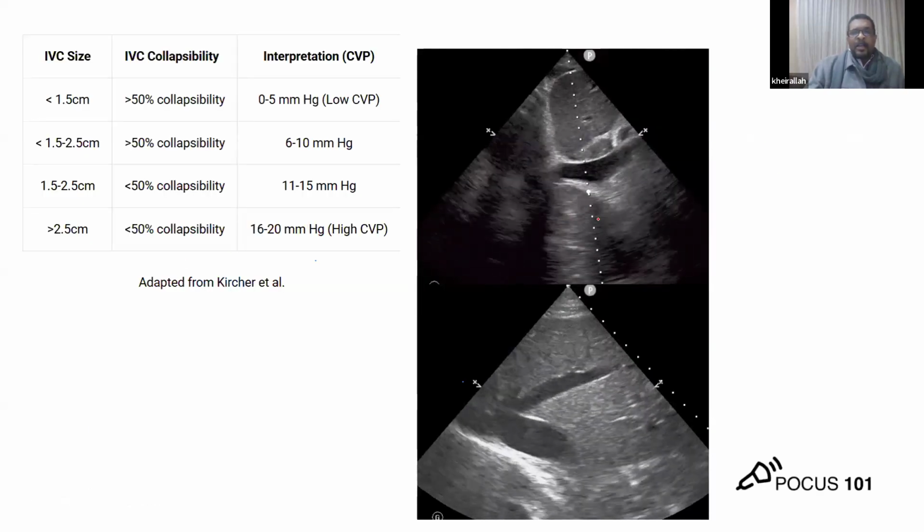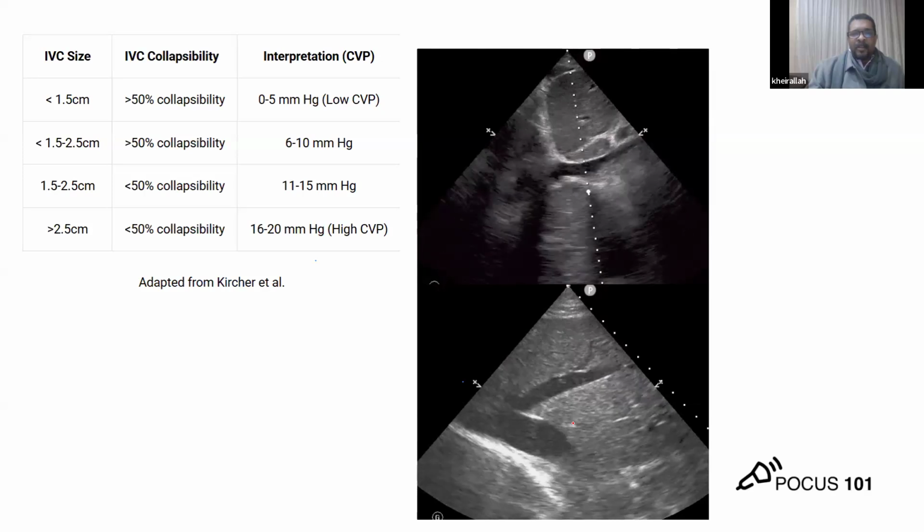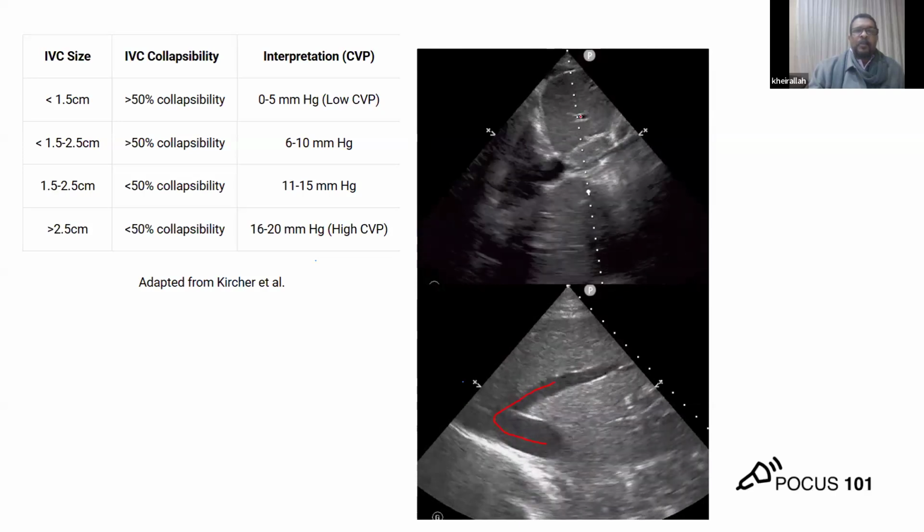And here you look at the IVC in a different patient. Compare this IVC to this IVC. This is the liver, and this IVC converges with the hepatic vein. Here I don't see the hepatic vein, probably not well seen because it's not as dilated as here. This IVC looks so dilated compared to this one.